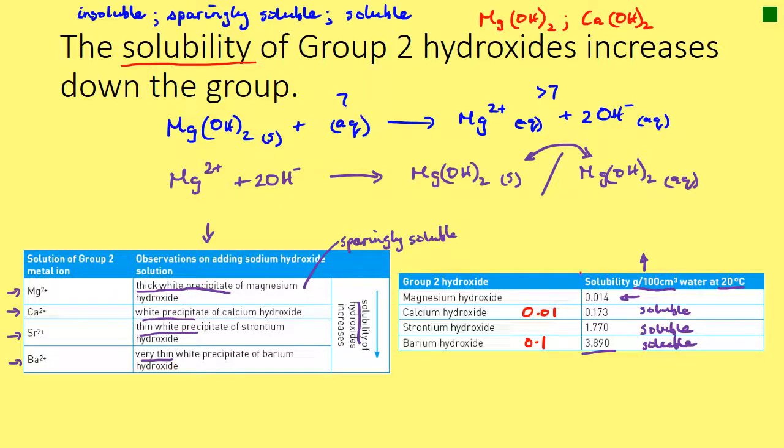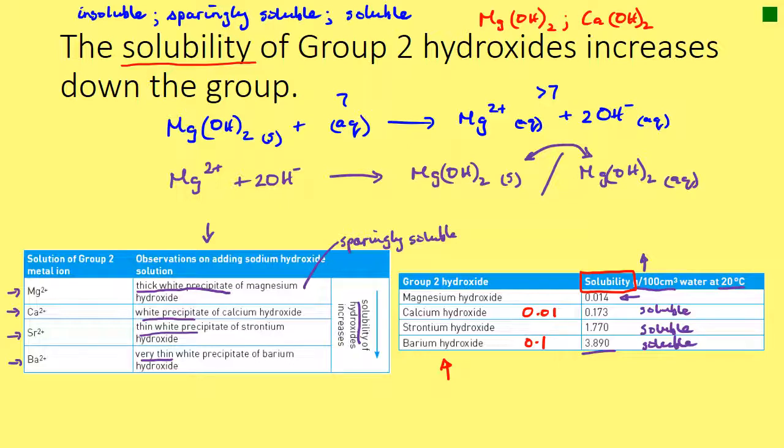Lastly, let's just think about this solubility measure again. This is the maximum amount of solute. These are the solutes here, the solid hydroxides. So the solubility, when we're measuring like this, is the maximum amount that dissolves.